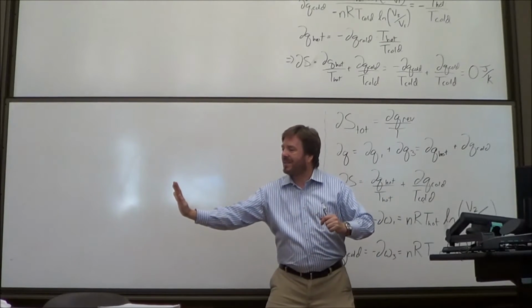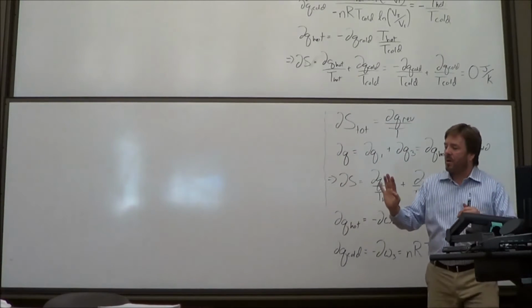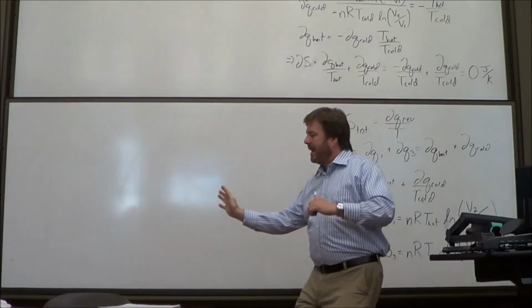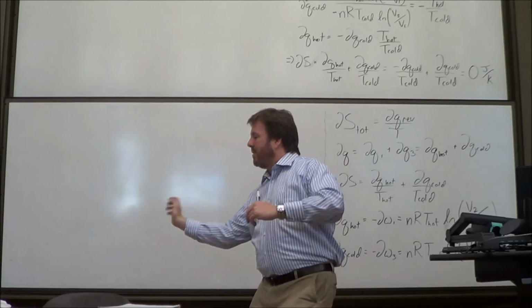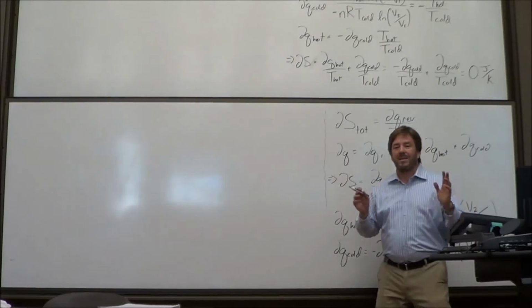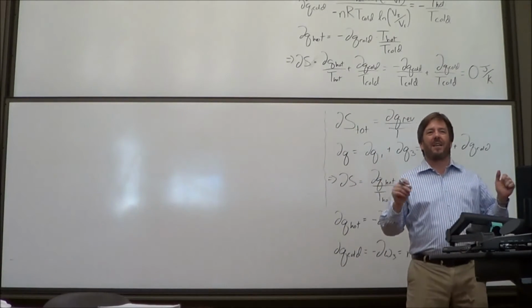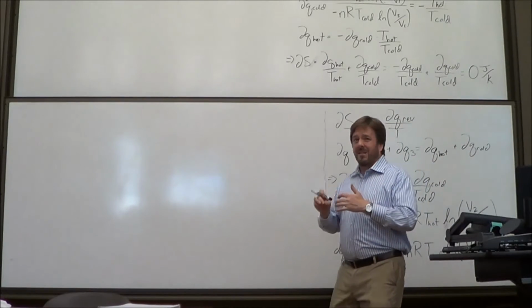I'm pressing on the magic cylinder, and it's under 2 atmospheres, and I slowly let go. The second path was I'm pushing it at 2 atmospheres, and I suddenly let go and, of course, jump out of the way, and the magic cylinder expands. That was irreversible.